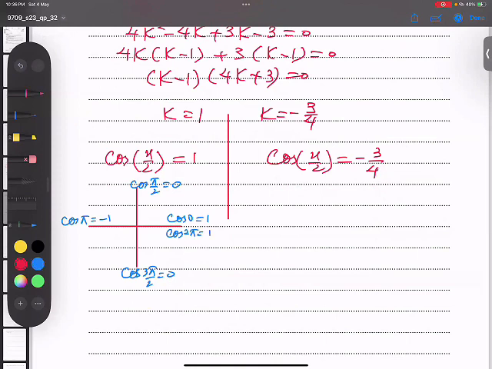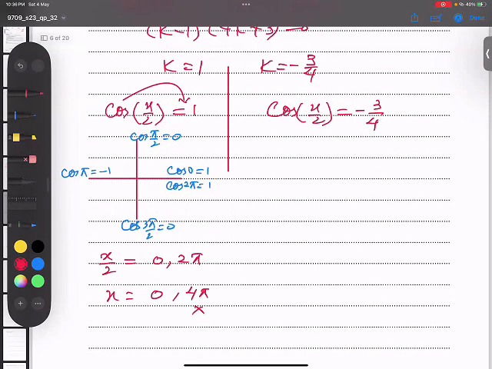If I take cos inverse here, unfortunately the calculator will not give us the answer. So I got 0 and 2 pi. This half I got from here, but this 2 will multiply both values. I got 0 and 4 pi. Now this 4 pi is crossing the limit. So we have to write 0.